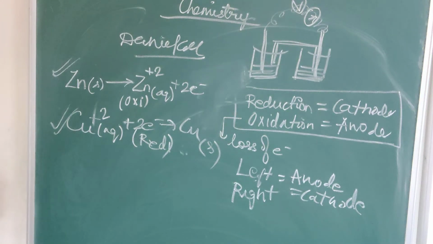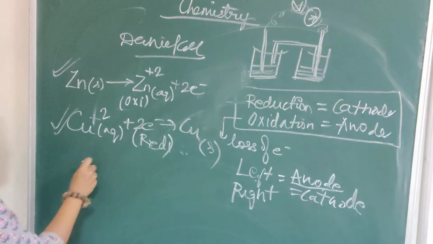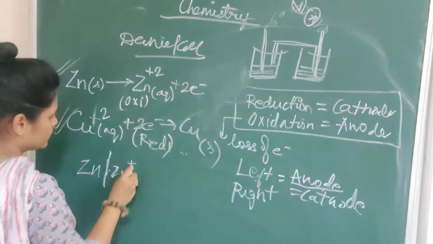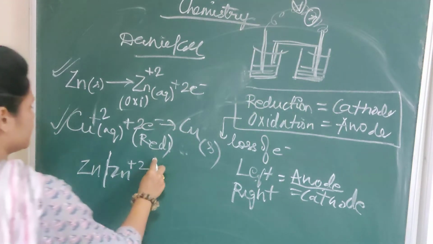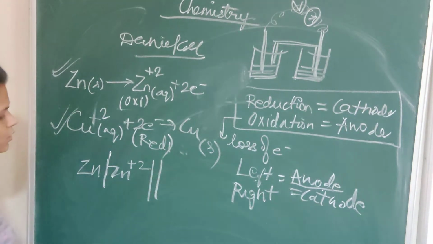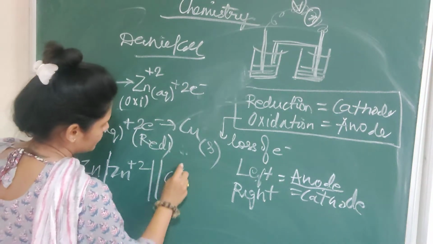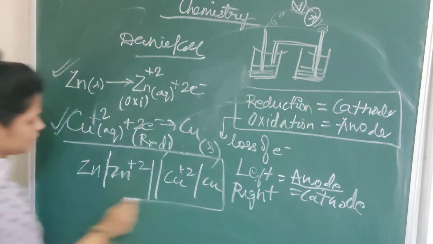So let us write it down. Anode means oxidation. Oxidation is happening here. So let us write on the left Zn to Zn plus 2. Clear? Then separated by a salt bridge, Cu plus 2 to Cu. So in this way you represent a cell.